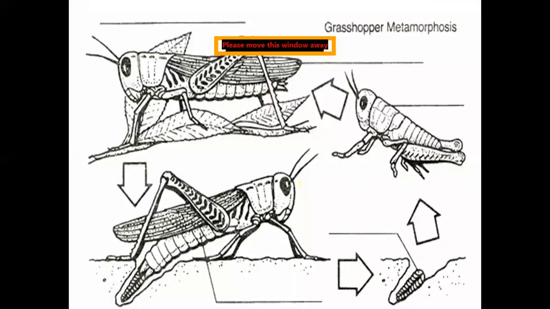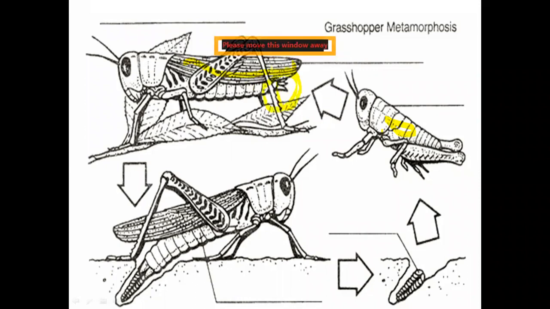Another example, this is also grasshopper metamorphosis. They lay the eggs inside the soil, then the young one comes out, then again the young one. So when the young one comes out, wings are absent, look, there are no wings in this. But in the adult form, there is wing formation and genital organ development, that is the complete development.